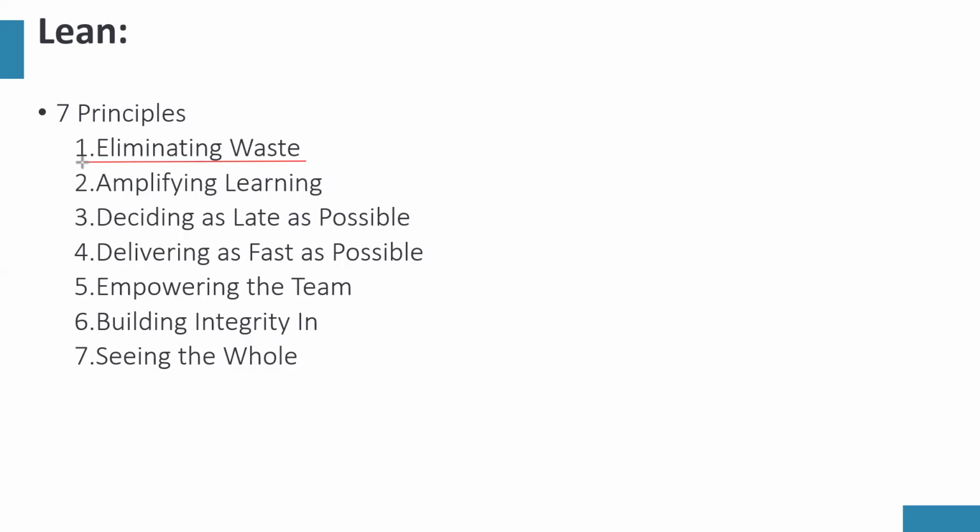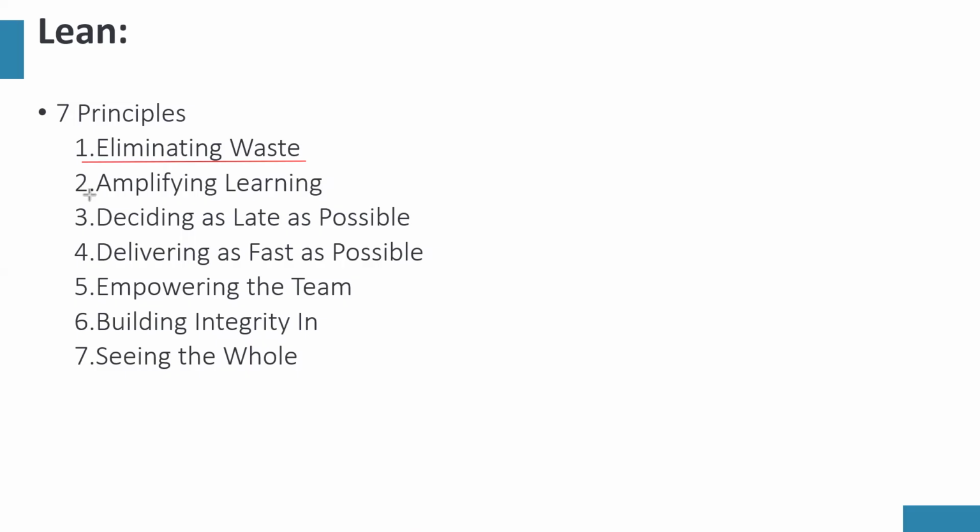For example, working on features that are not needed at that time is a form of waste. So 7 principles of lean. Number one, remove waste. Remove waste in our processes, the way we do work, in defects, because a defective feature is a product of wasted time.